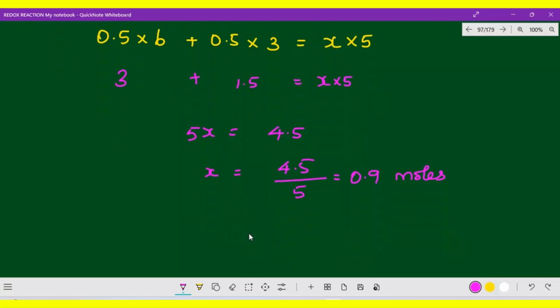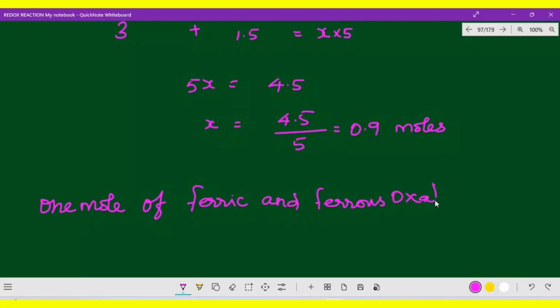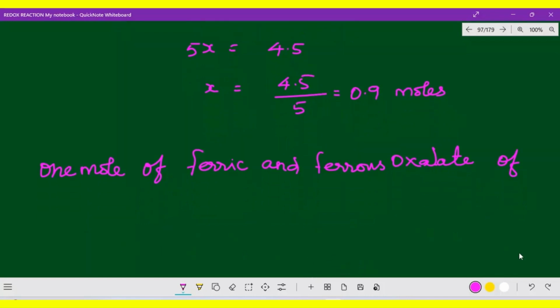Okay, I just write a complete point for you. 1 mole of equimolar mixture of ferric and ferrous oxalate requires how many moles?